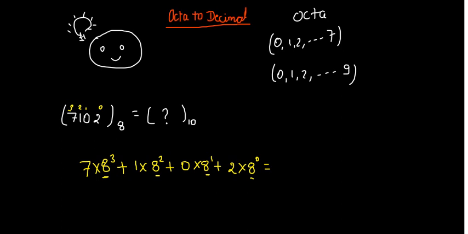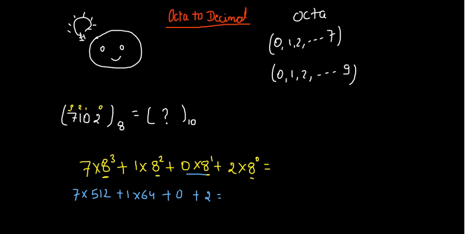Well, 7 multiplied by 8 cubed, if you remember, that will be 512. If you don't, just multiply it. It's easy. 1 multiplied by 64, for here we can simply write 0, and finally anything to the power 0 is 1, so we get 2 here.